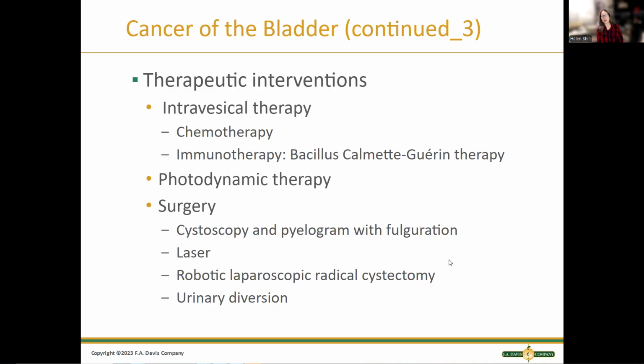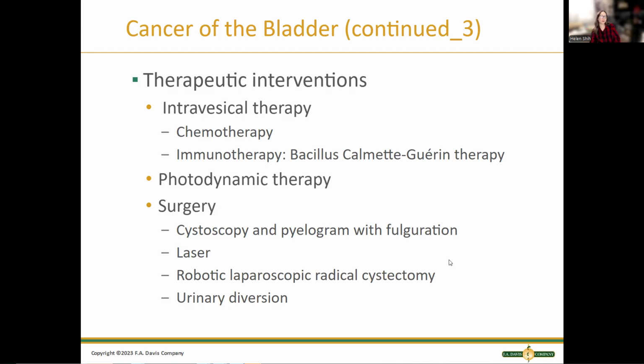So first we weaken the cells by giving them a medication that makes them more vulnerable to light. And then we expose those cancer cells to light in order to kill those cancer cells specifically. So photodynamic therapy also tends to be a little bit more selective in how it treats the cancer.